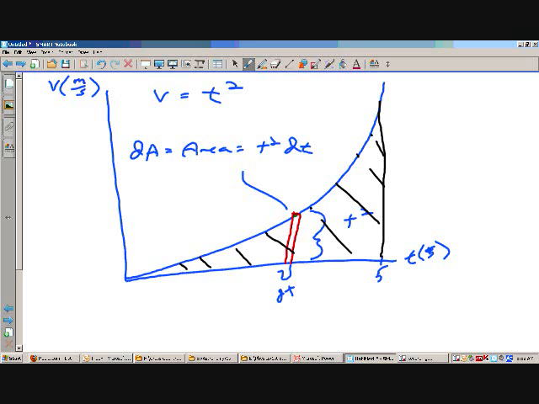And so I'm going to do the same thing, maybe right here. I'm going to calculate the area. And once again, it's the same expression. The width is dt, the height is t squared, so the area is t squared times dt. It is everywhere. But we're just going to integrate, and we're going to add up all these little areas, like the summation.